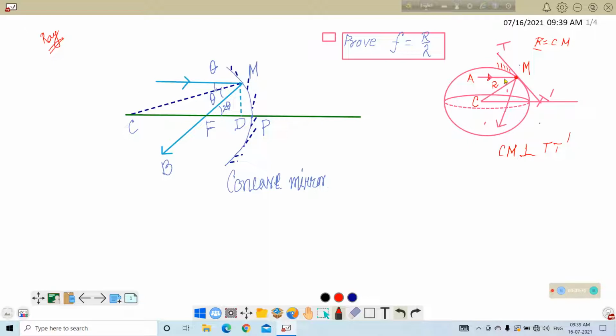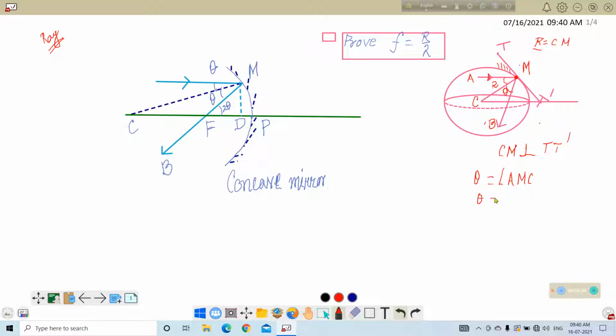So we can say angle AMC is theta, angle AMC is the angle of incidence. And if AMC is theta, then we can say CMB, this point is B, it is also theta.